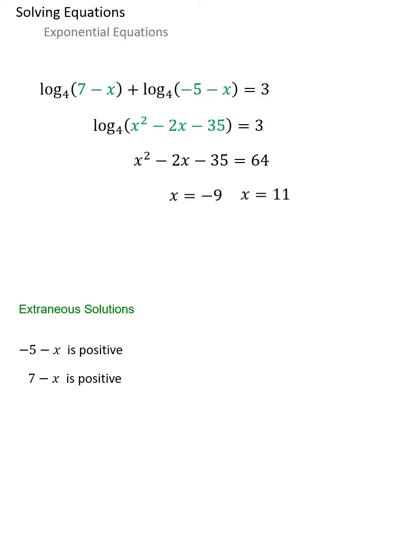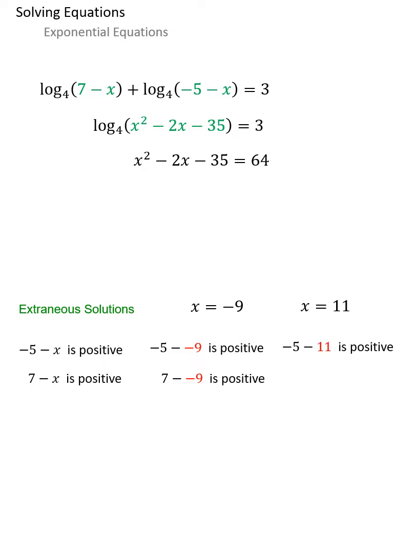And so what we want to do now is take these implicit assumptions, or restated, the fact that logarithm arguments must be positive, and we want to juxtapose those with these two supposed solutions to this equation. So first I'm going to plug negative 9 into my first assumption, and negative 9 into my second assumption. We're going to plug 11 into our first assumption and into our second assumption, and we're going to analyze these statements for truth.